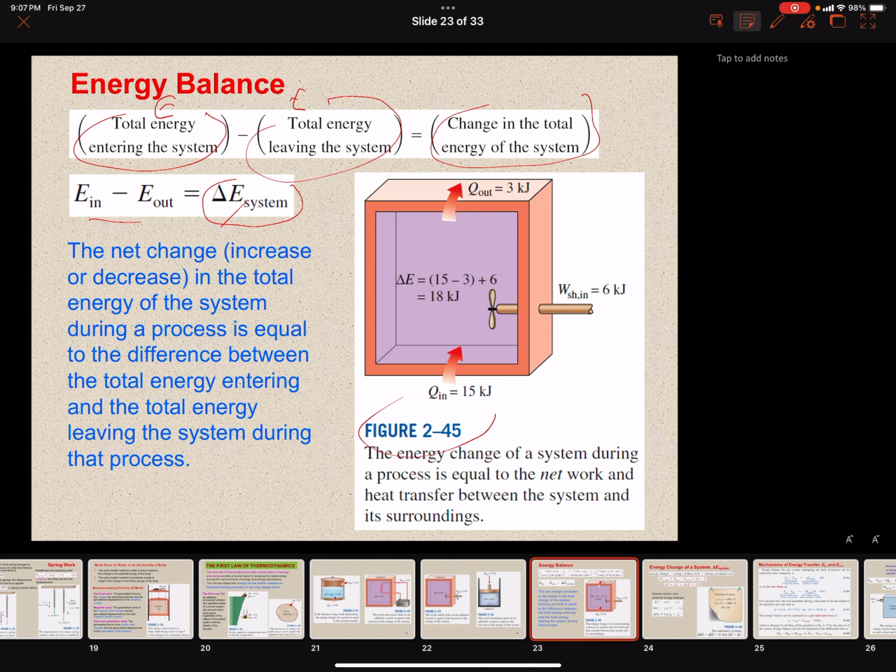So delta E will be equal, again Q, but there is Q in and Q out, so the change of Q will be 15 minus 3, so in minus out, and plus, if you still remember, Q minus W, and this W is the work done on the system, so it will be negative, so negative for negative will be plus. So 15 minus 3 plus the work, which is 6, the total will be 18.